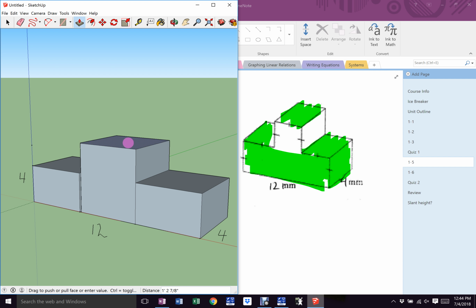So if I know this, all I've added is this side here. How many of them? 4.